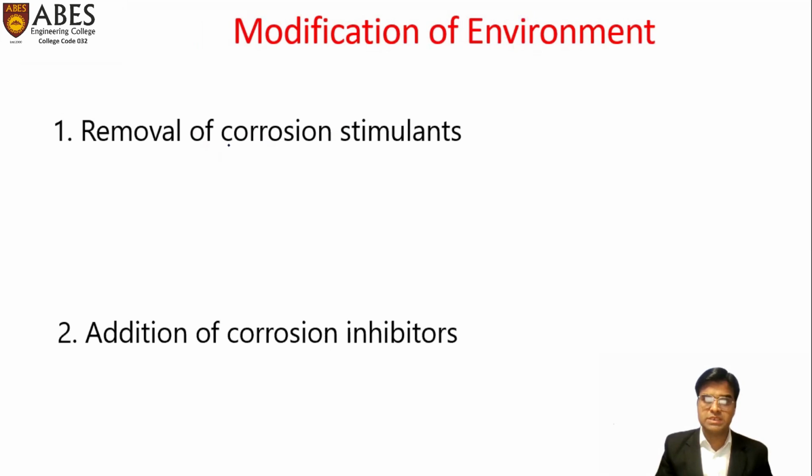So removal of such species will prevent the corrosion. For example, oxygen. It promotes the corrosion because corrosion is the oxidation process. So it can be removed by deaeration or usage of reducing agent.